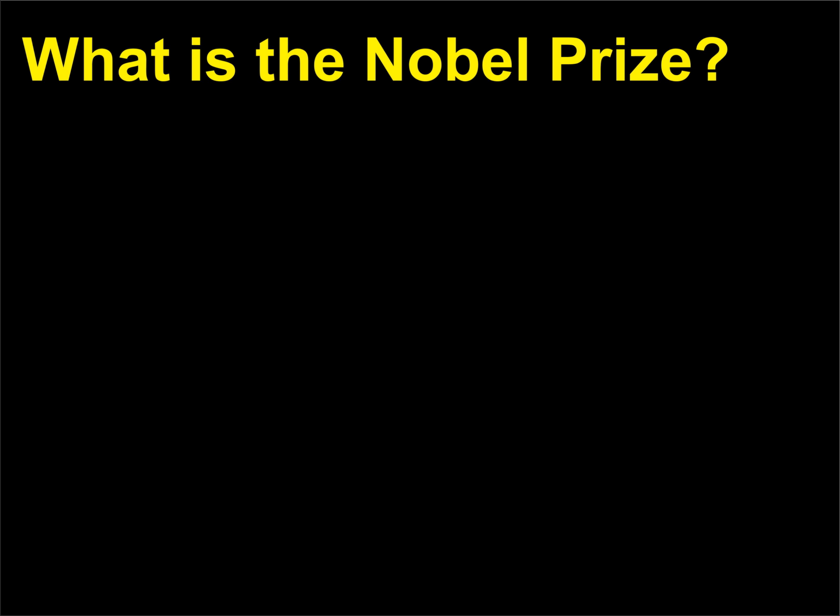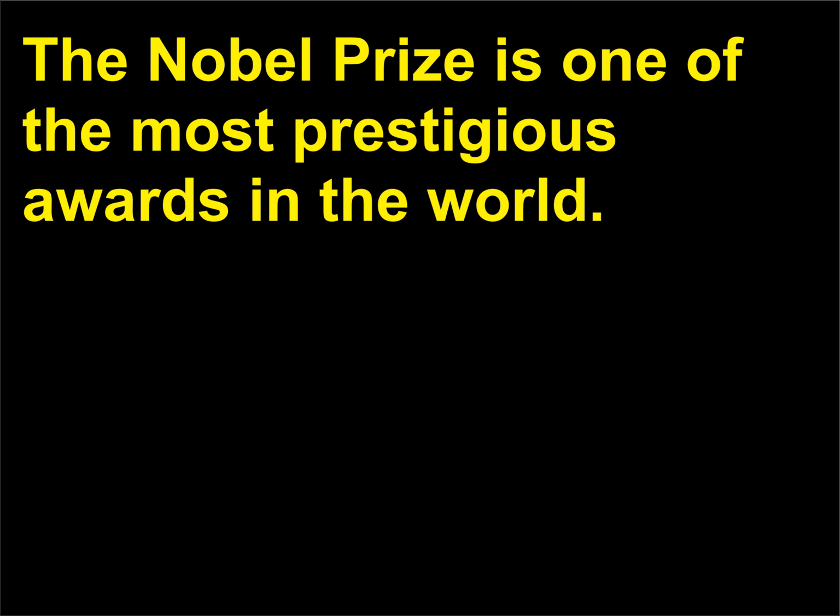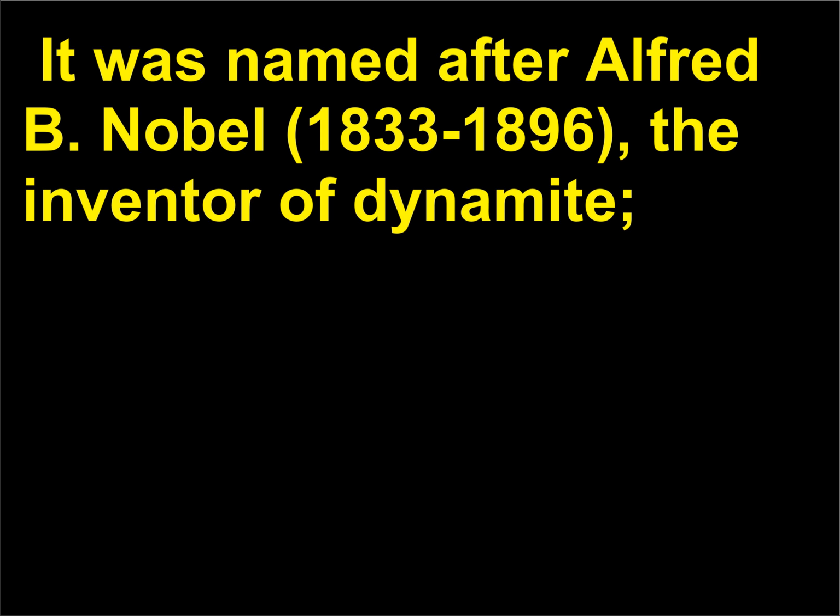What is the Nobel Prize? The Nobel Prize is one of the most prestigious awards in the world. It was named after Alfred B. Nobel, 1833 to 1896, the inventor of dynamite.